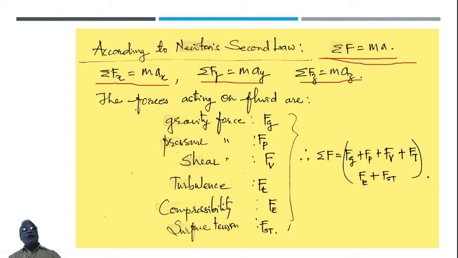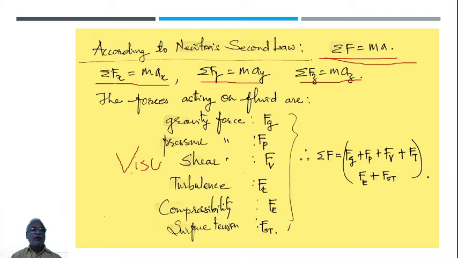Now, what are the forces which are involved? The forces acting on the fluid are: gravitational force, simple to indicate, F with a suffix g; pressure force, F with suffix p; shear force, that is because of viscosity, you can call it viscous force also, or shear force, whichever is convenient.